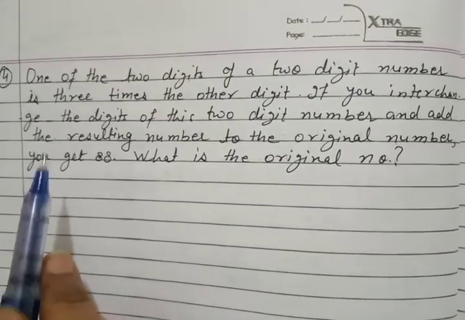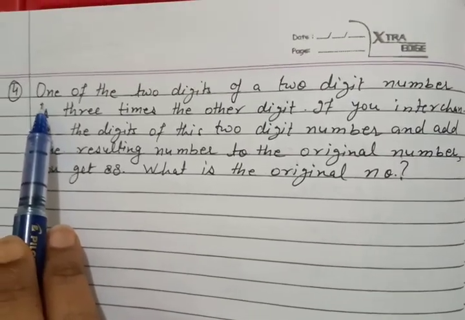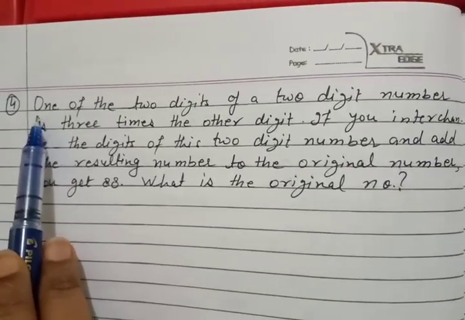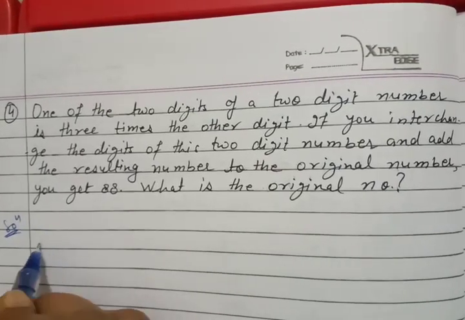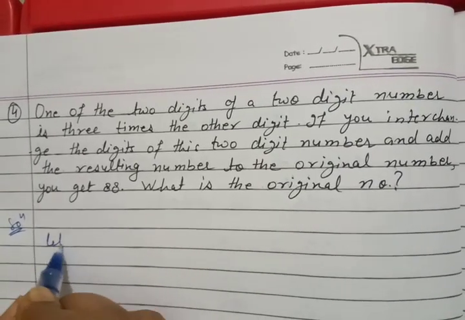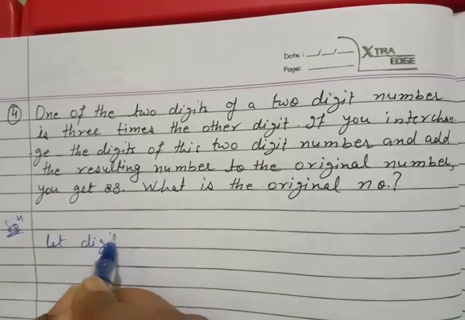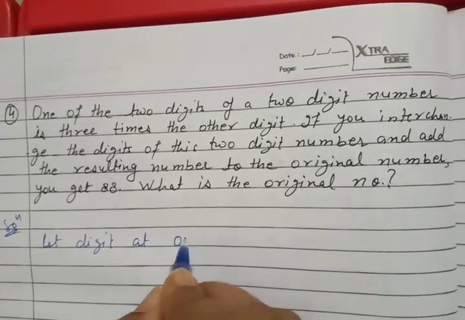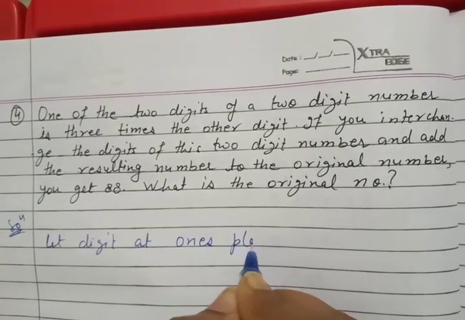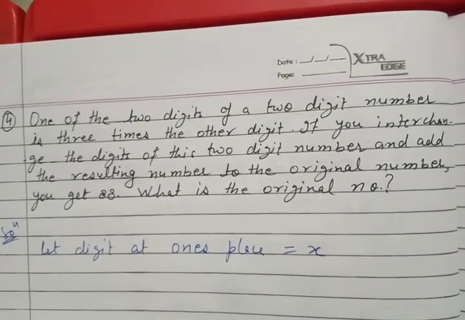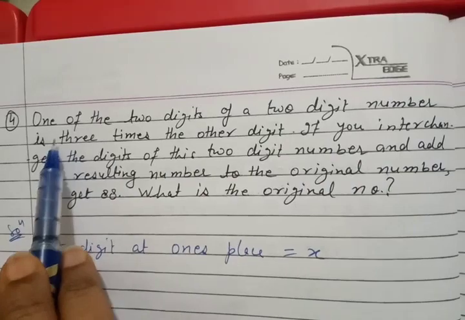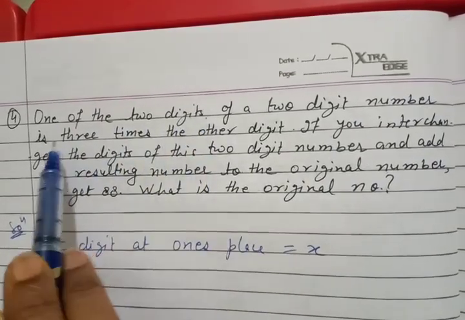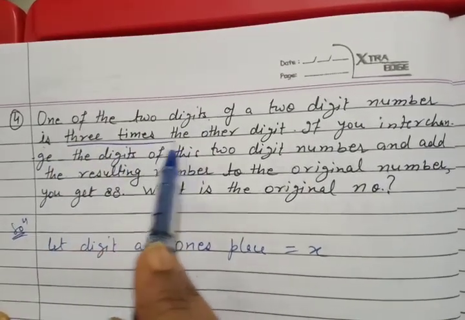Now the fourth question is also of a 2-digit number, as we have done in the third. Same, we will consider digit. Let digit at ones place be equal to x. One of the two digits is 3 times the other.